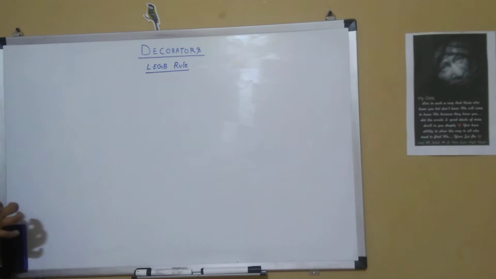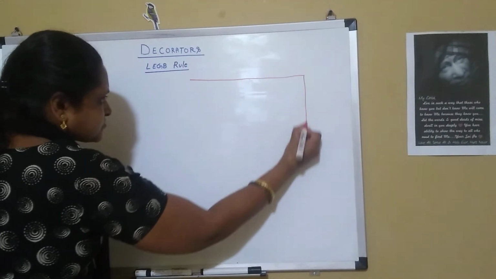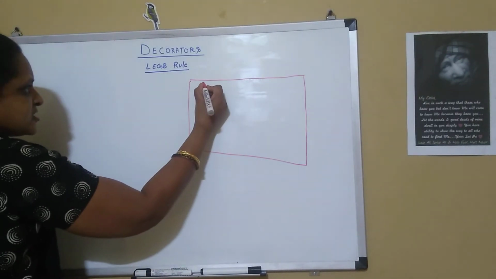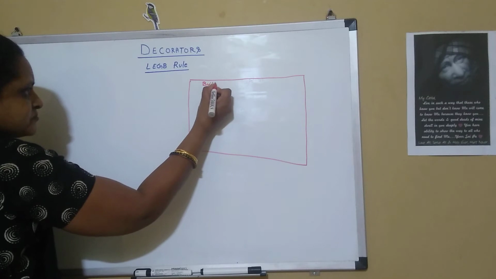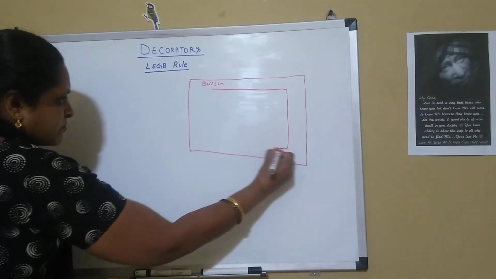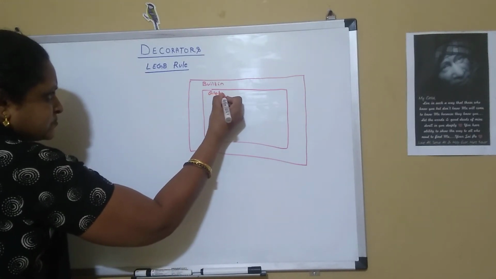So firstly, let me draw a diagram. This is for the built-in. Then comes the global.